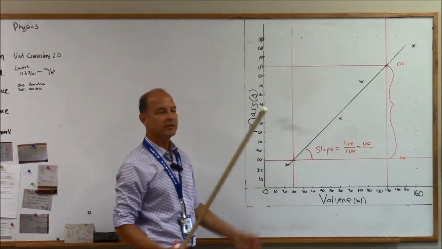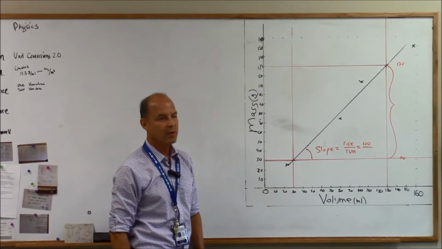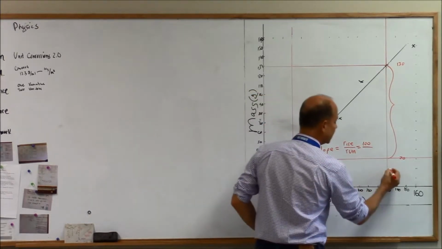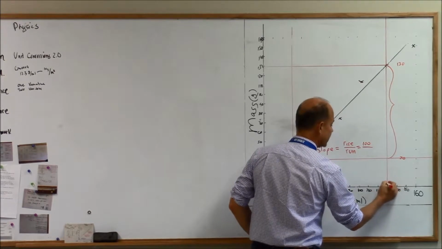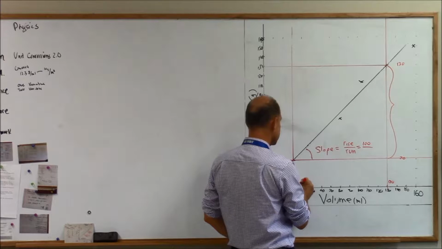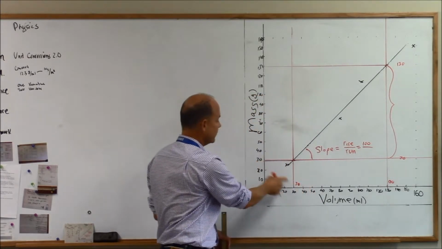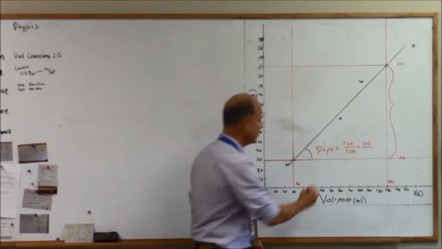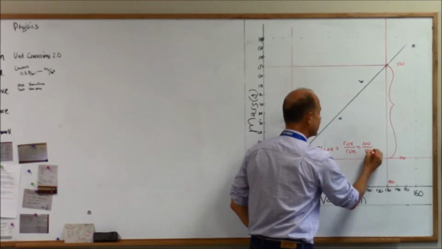Our run, and this is just almost too coincidental, too perfect. Here, it's 130. And here, it's also 30. Here, 30 also, like compared to that. So what must this distance be? 100. So the run is 100 also.